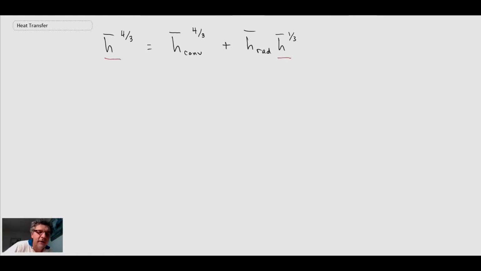So we have to iterate. But the first thing we need to do is find out what this is and what this is, and then we can put them in there and iterate in order to get the convective heat transfer coefficient in film boiling. So we're going to begin with convective heat transfer.